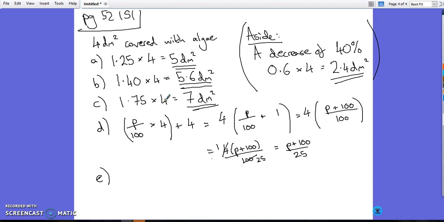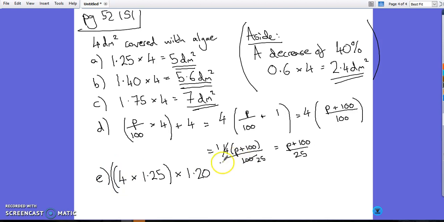So we've got the algae increases by 25% on the first day, 20% on the second day, and 15% on the third day. So we have our original amount, which is 4, and that amount increases by 25% on the first day. Then we have this new amount on the first day. Then this amount increases by 20% on the second day.